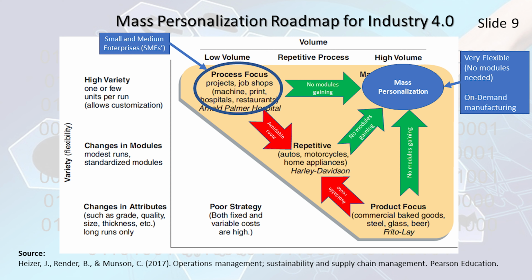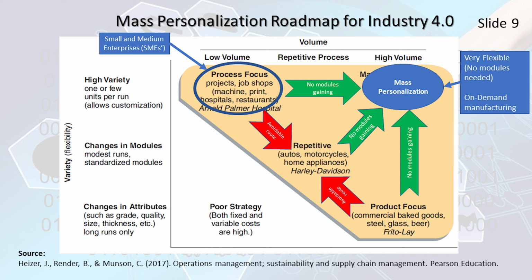It will become a mass personalization production type immediately. Repetitive production needs no more production modules gaining to jump from second type production to the fourth type production. It will become a mass personalization production type immediately.